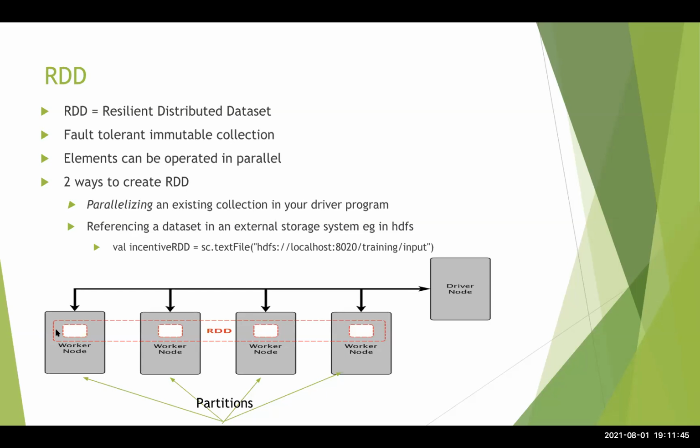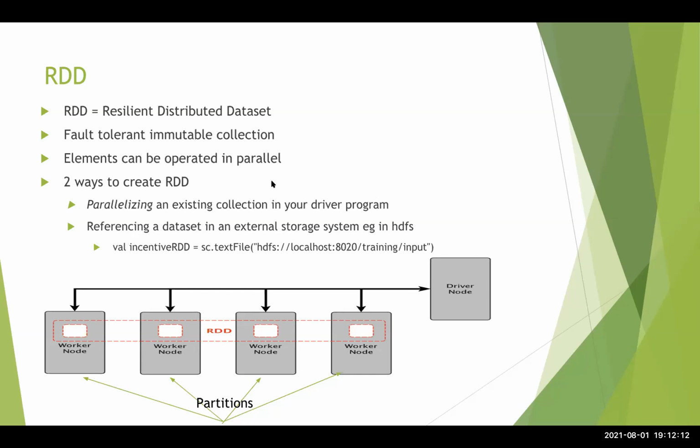Immutable means that once you have data loaded into an RDD and you do any transformation, that RDD will never get changed. Every transformation will result in a new RDD. And over that new RDD, if you do any more transformation, it will result in a new RDD. So that's what immutability means.